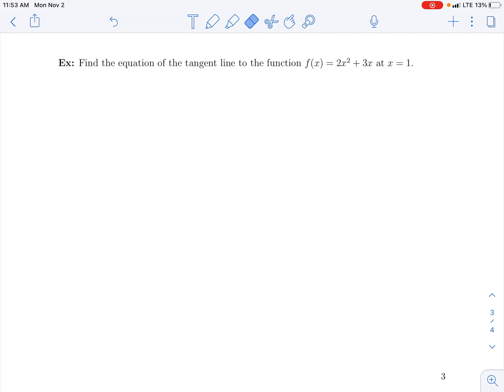So this is throwing it back to y equals mx plus b and point-slope form and things like that.